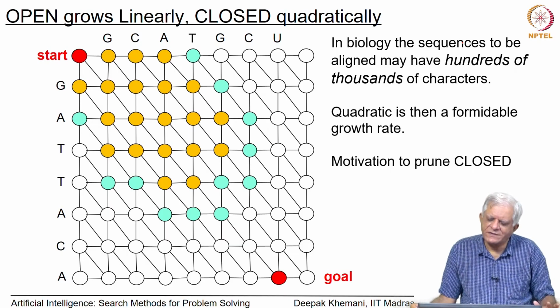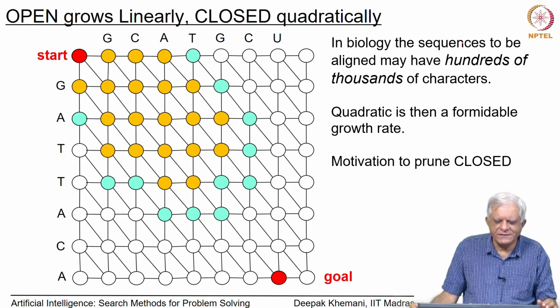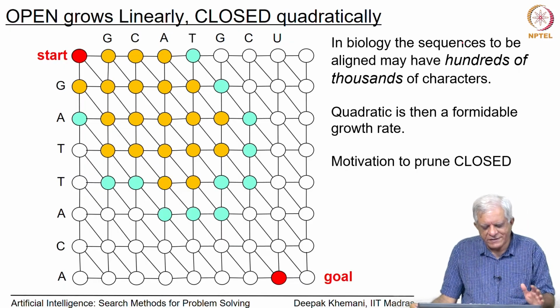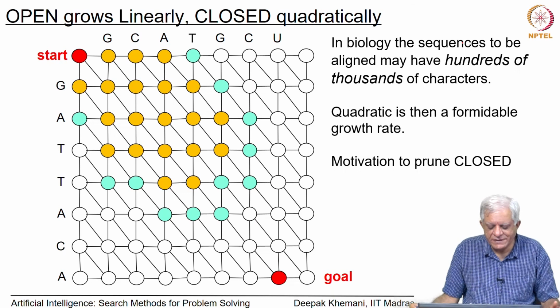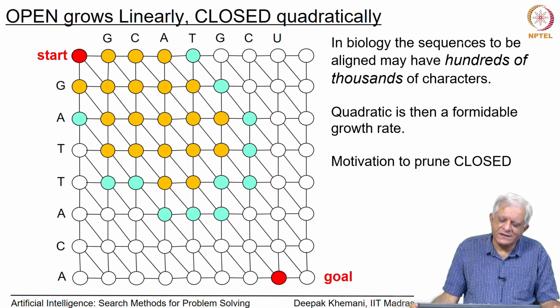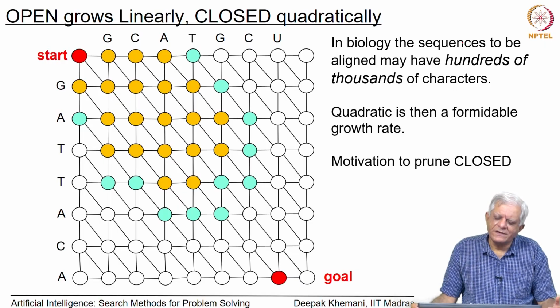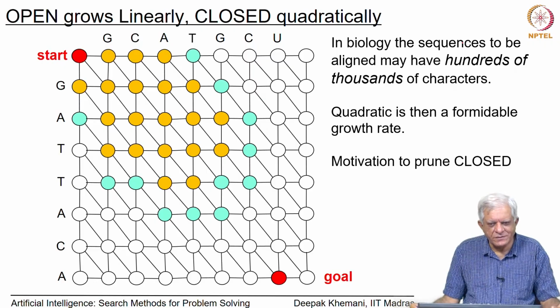So, this is in some sense an oddity in the set of problems that we have been talking about. In general, when we talk about search spaces and we assume a constant branching factor, for example, we have observed that it is open which grows much faster than closed, because in an exponentially growing tree, open is more than all the closed nodes put together essentially.